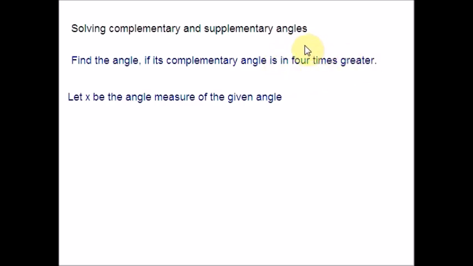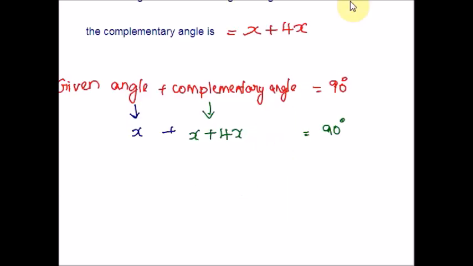It means x plus 4 times x. Greater means plus sign. Since the sum of the given angle and its complementary is the right angle, you can write an equation. Just plug in the angles. Combine the like terms. This question is just saying 4 times greater, so the complementary angle will be 4x.